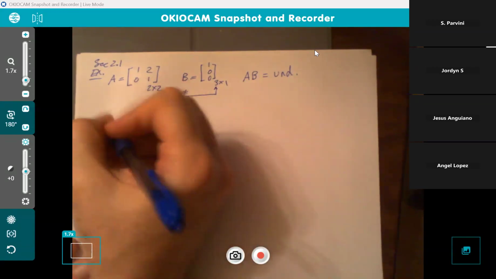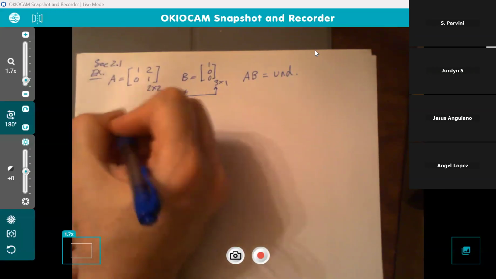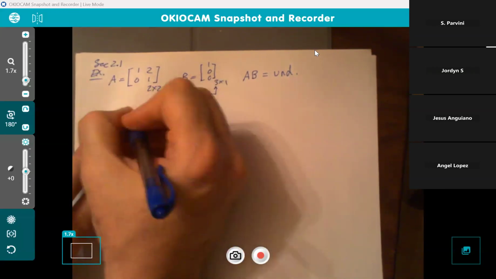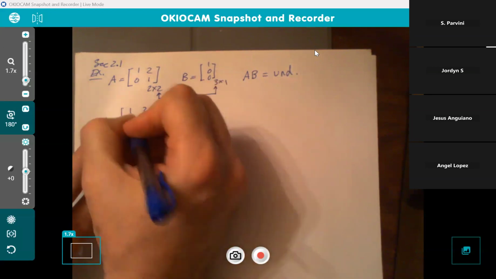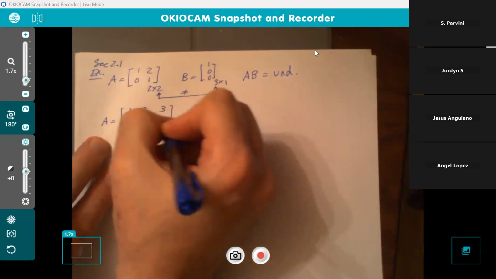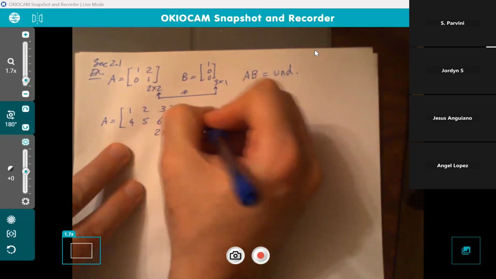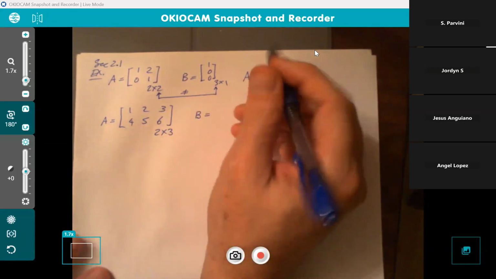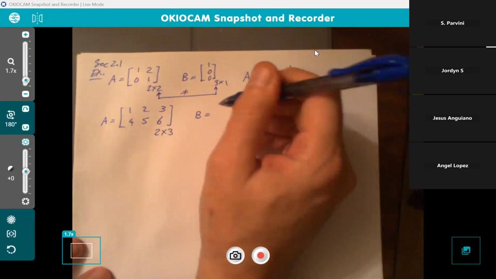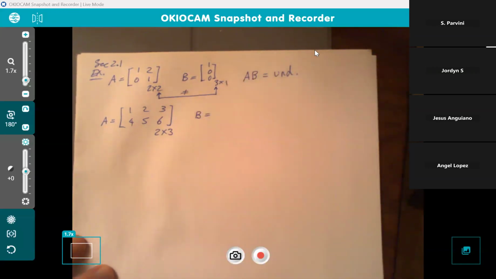Now, let's make one that actually works. Let's say A is 1, 2, 3, 4, 5, 6, and so this is a 2 by 3. Now I'm going to make up a matrix B. How many rows should B have so I can actually multiply? How many rows? Not columns, but rows of B. Could be 3.